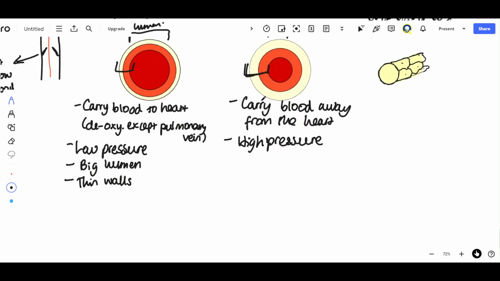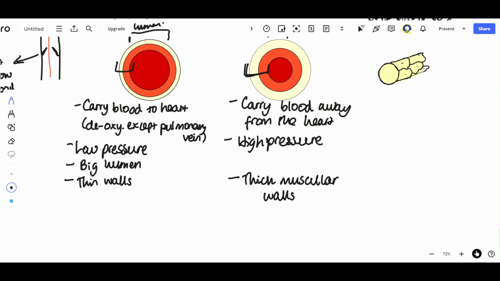And that is why I will write down thick muscular walls. Let me write that again. Thick muscular walls.